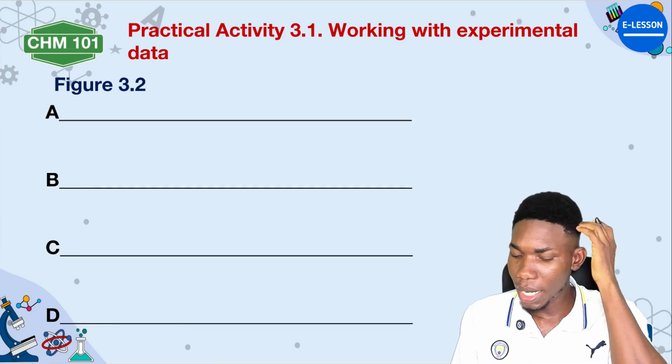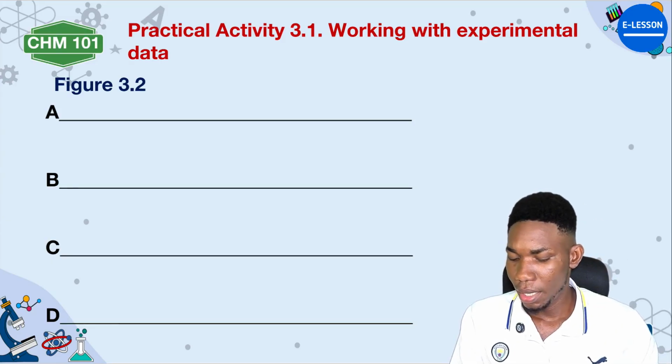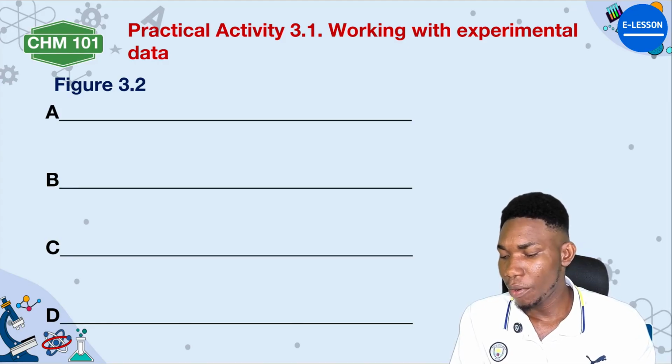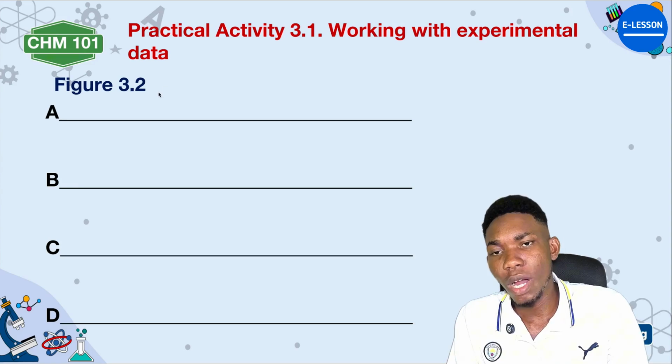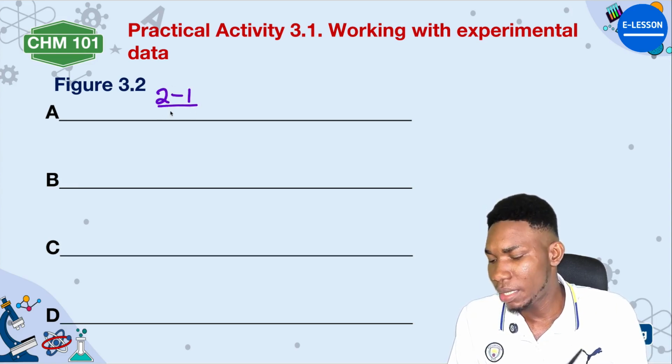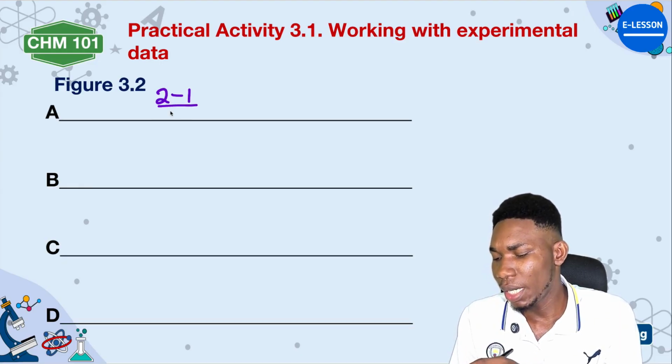All right, so if you look at the other one, figure 3.2, you have A, B, C, D. Now for the first one, it is calibrated 1, 2, 3. So if we take 2 minus 1, divided by the subdivisions in between them, the marks between 1 and 2, is 6.